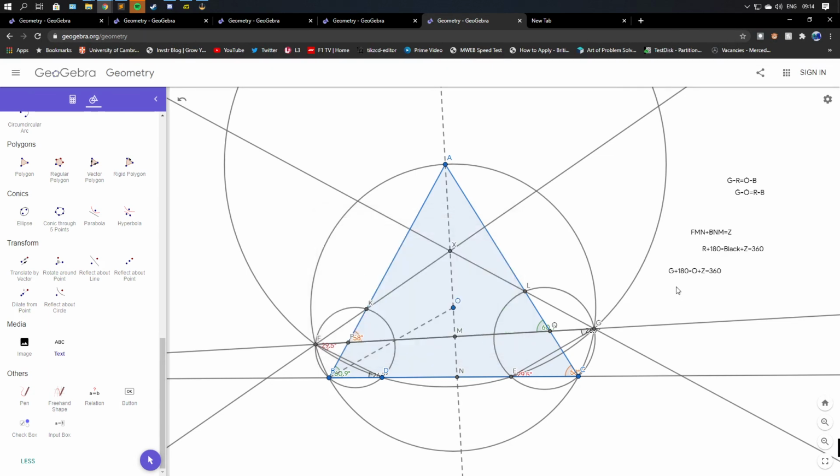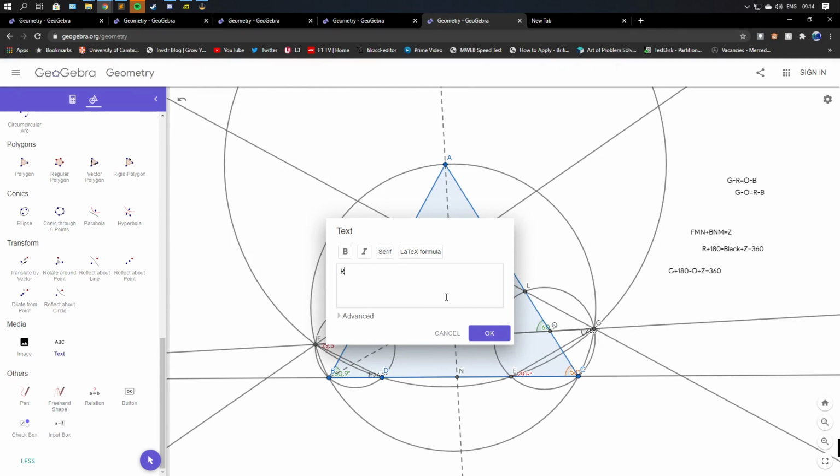And then by adding and subtracting those two equations from each other, the 360s cancel, the 180s cancel, the Z cancels, which means that we are left with red minus black is equal to green minus orange.